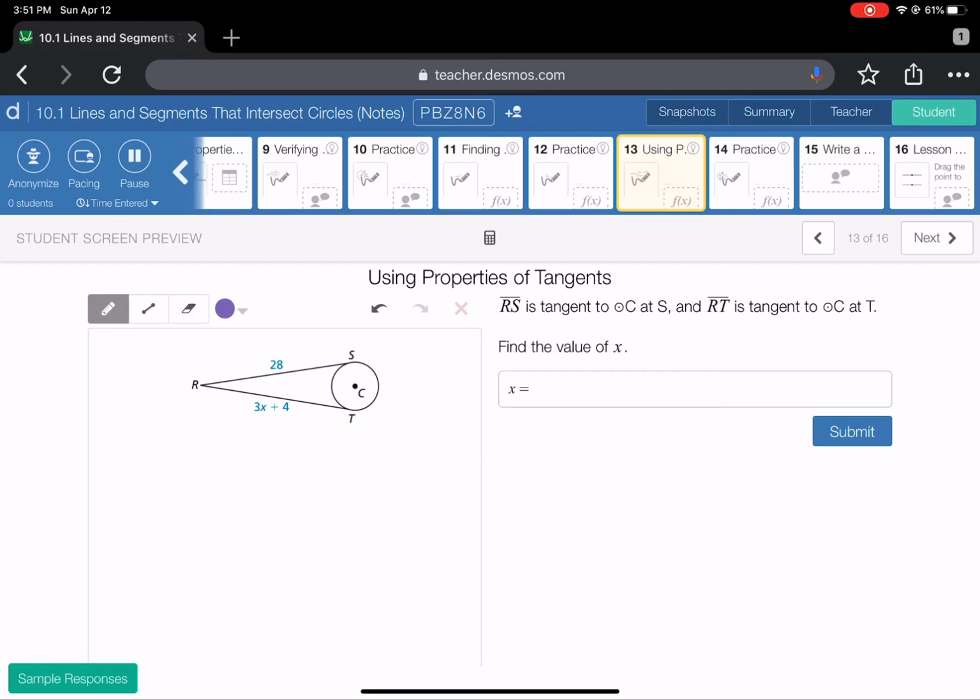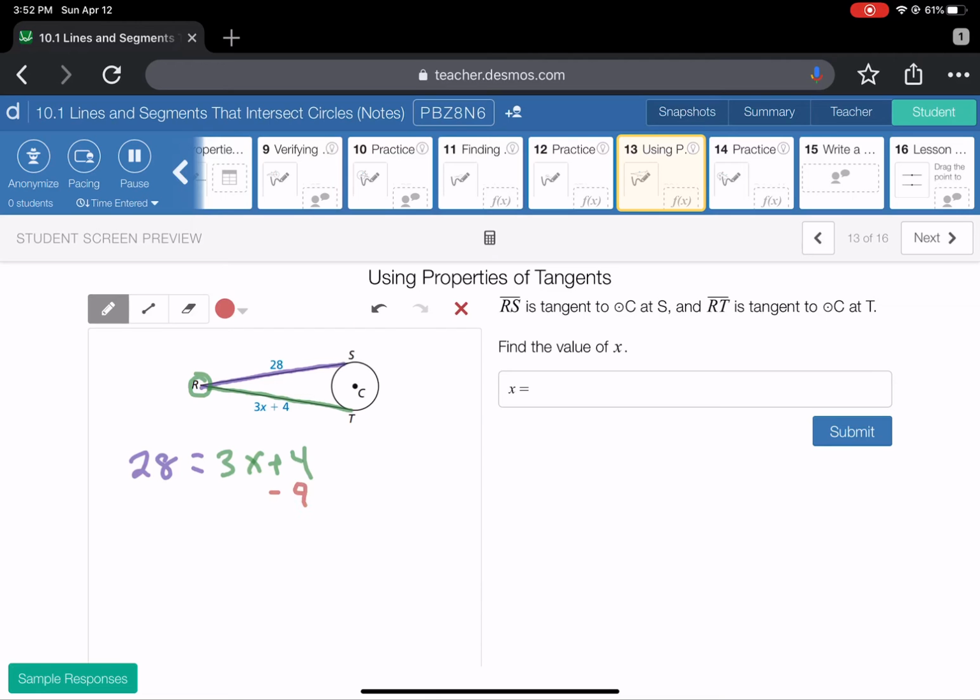So what I'm going to do is set both segments equal. So 28 is equal to 3x plus 4. All right, because these two segments are equal, because they connect at the same point, and they are both tangents of circle C. So then all we have to do is solve for x, leave the x by itself.